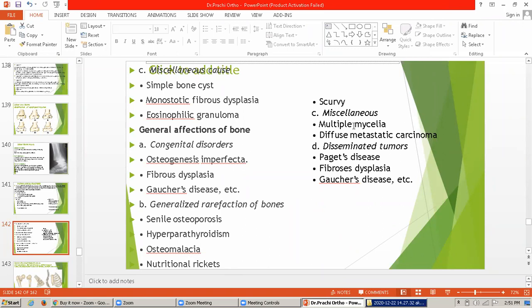In the miscellaneous, there is multiple myeloma, diffuse metastatic carcinoma, disseminated tumor, Paget's disease, fibrous dysplasia, and Gaucher's disease.